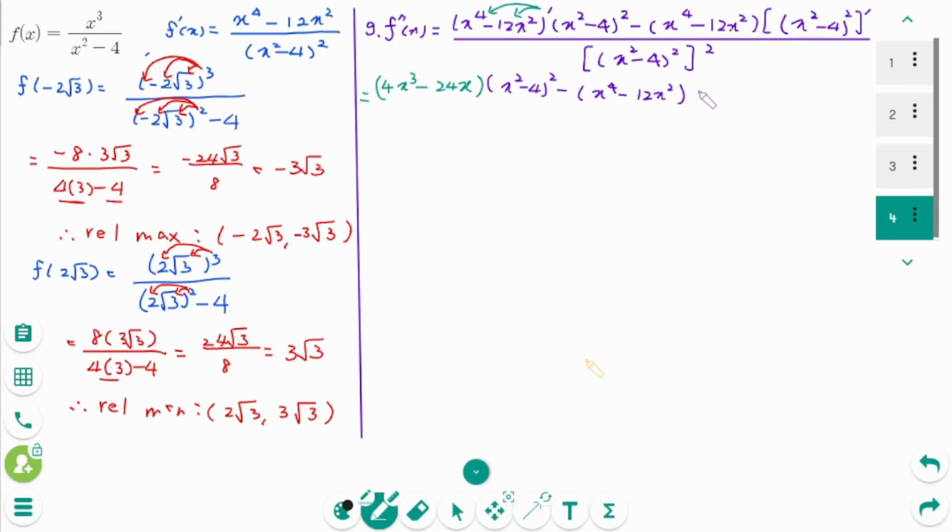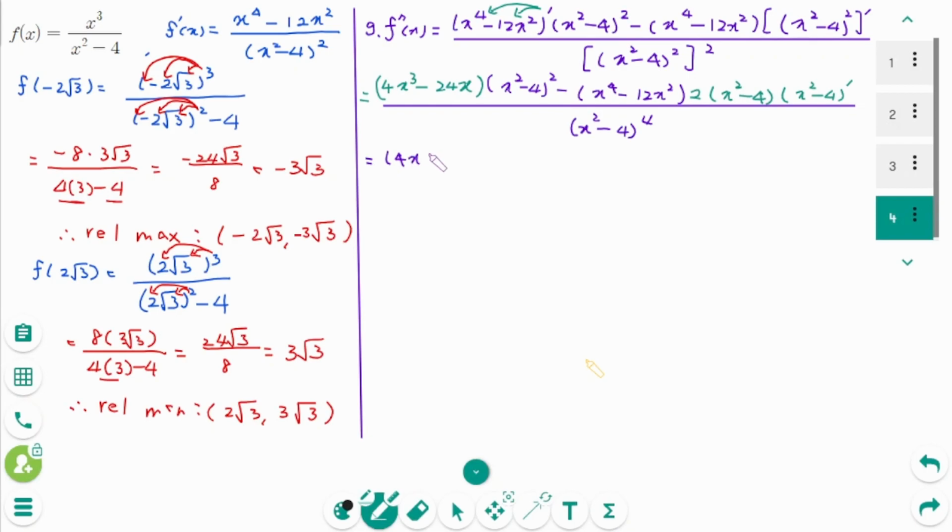Using the chain rule, 2 times x squared minus 4 times x squared minus 4 prime over x squared minus 4 to the power of 4.